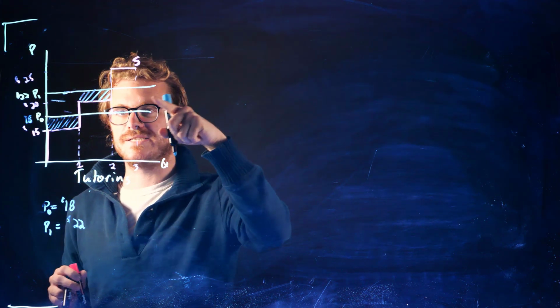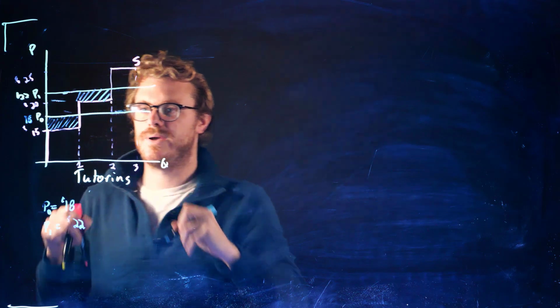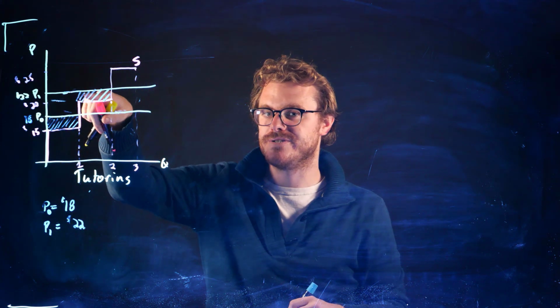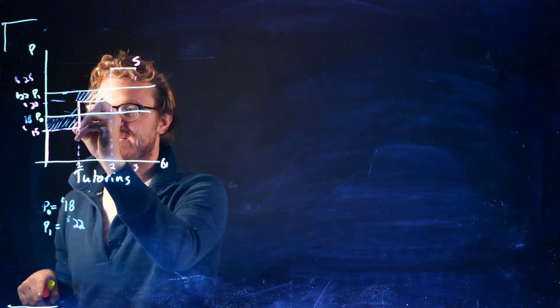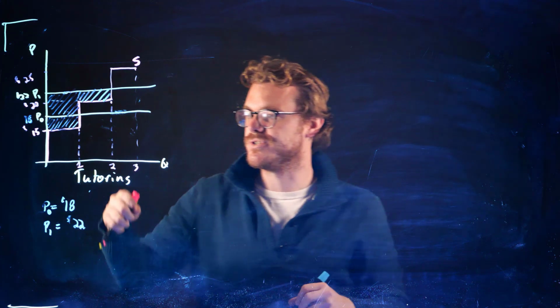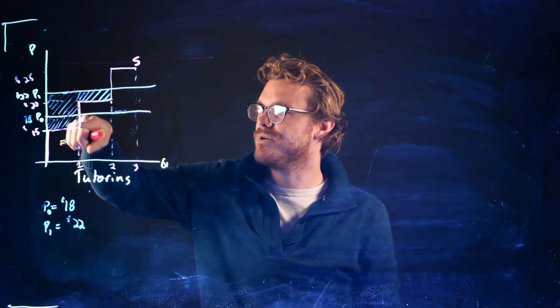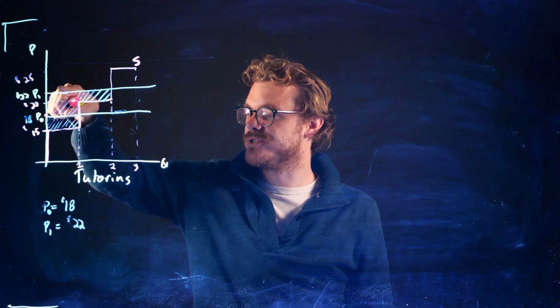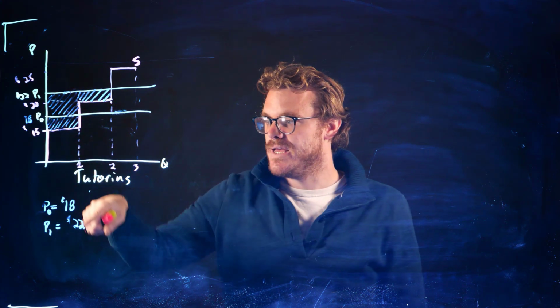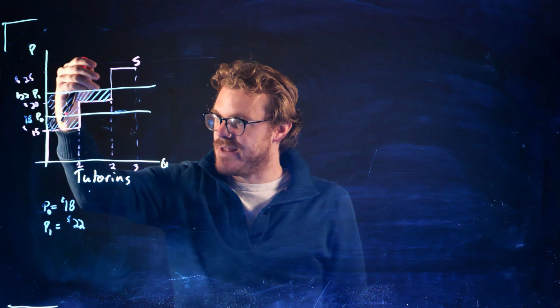So now Kwame has started tutoring. So we have this extra area of producer surplus from Kwame tutoring. But we also see that the price going up increases the producer surplus for Tristan, who is already in the market. And so again, below the price, above the supply curve.